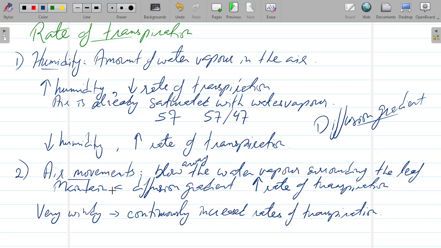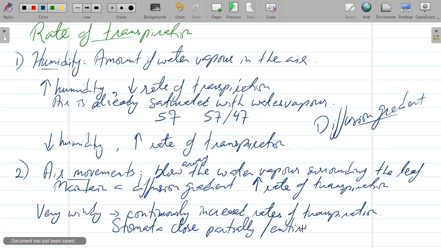And so in this case, a safety measure by the plant is that the stomata close. Either they close partially or entirely, depending on the condition. And this is a compromise.